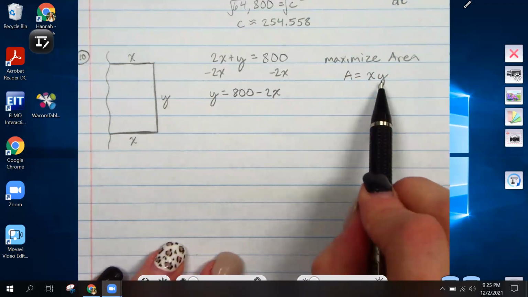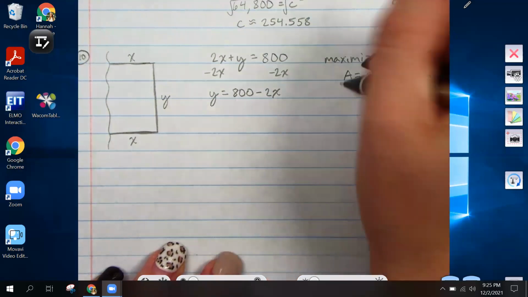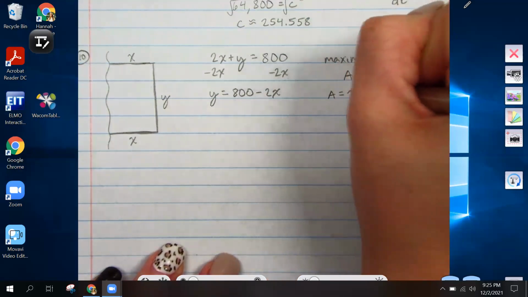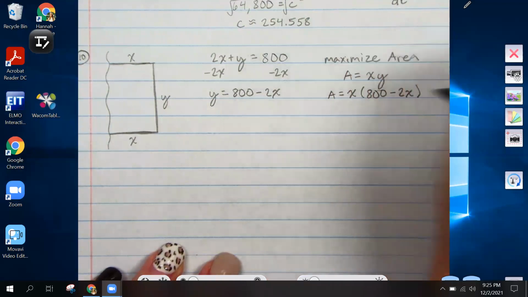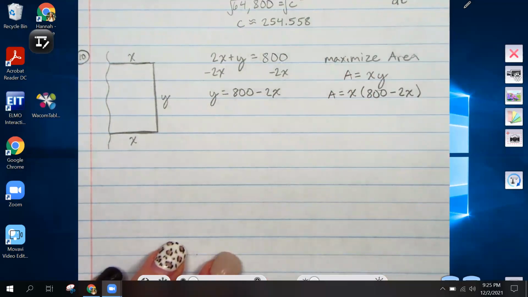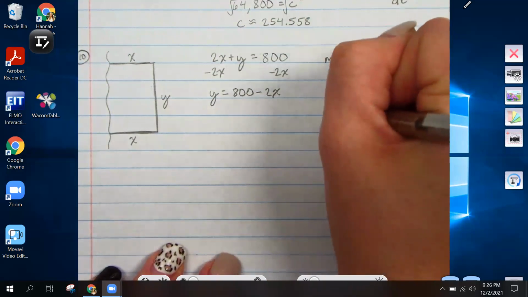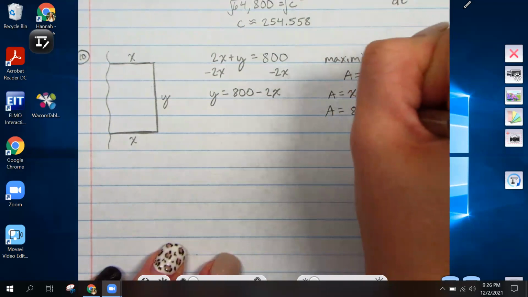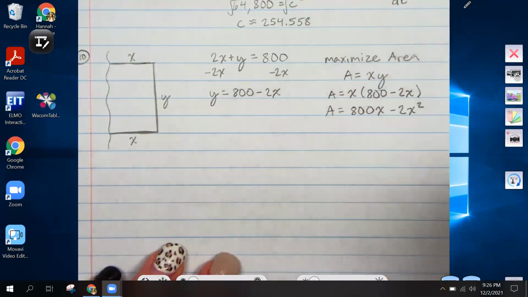So we can replace y in our equation for area with 800 minus 2x. Distribute the x here. We get A equals 800x minus 2x squared.